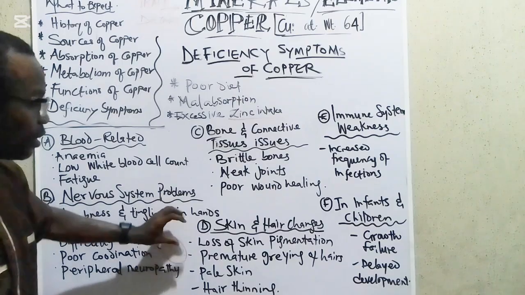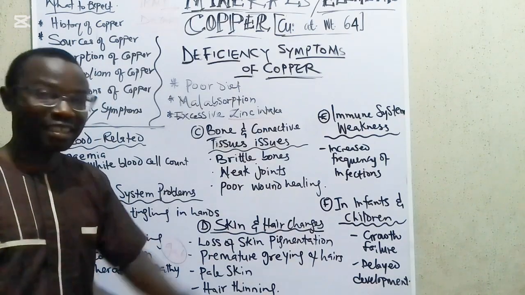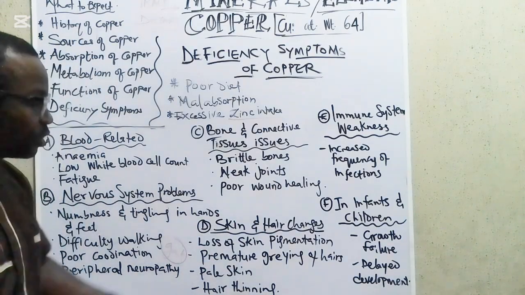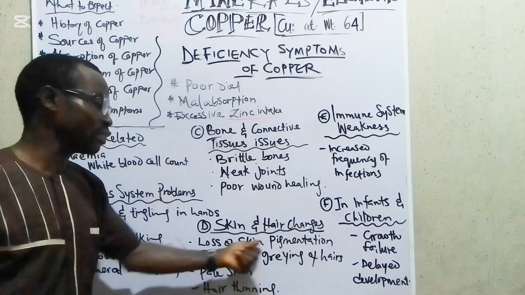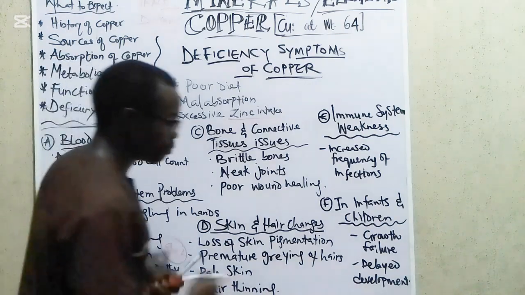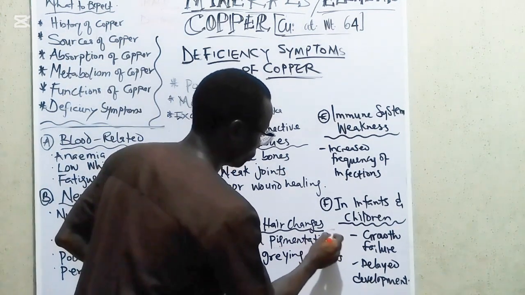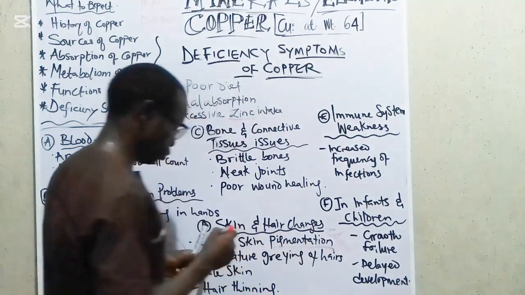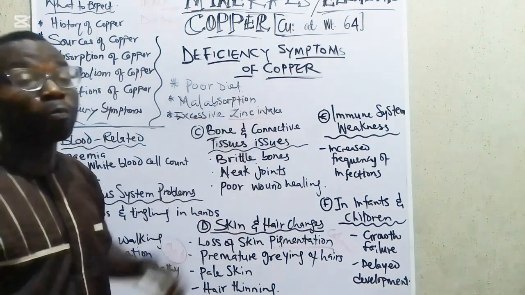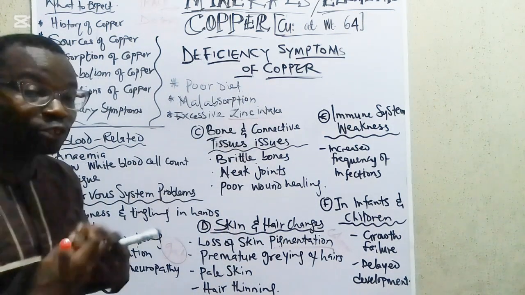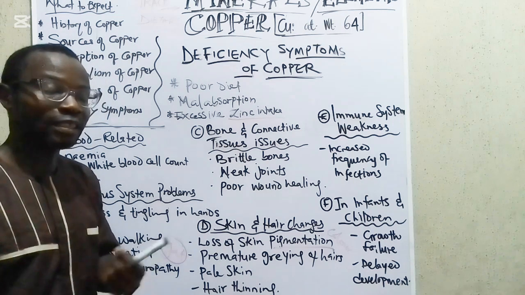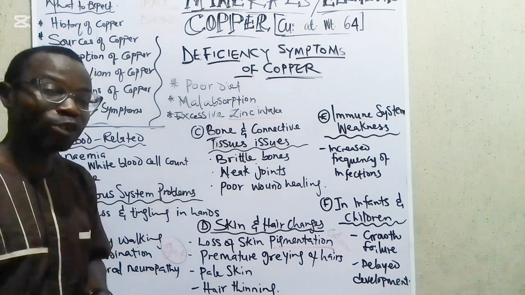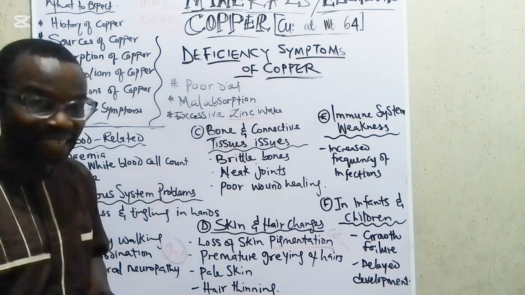Another category is the skin and the hair. One, you see loss of skin pigmentation. We talked about pigmentation, it means coloring. Copper is actually useful in the manufacture of the protein called melanin.